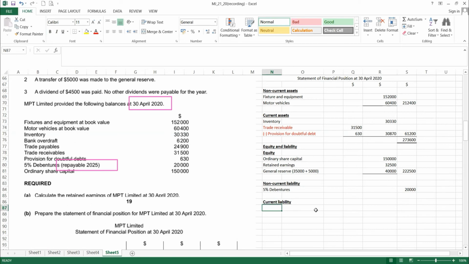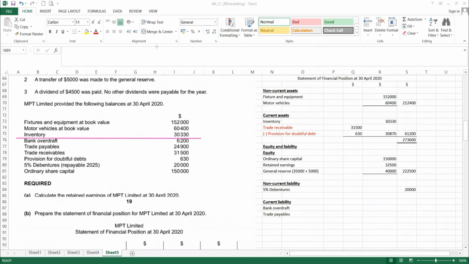Okay, now next, current liability. Current liability is bank overdraft and then trade payable. So these two items. Let's see one more time, just to make sure that the items are correct.